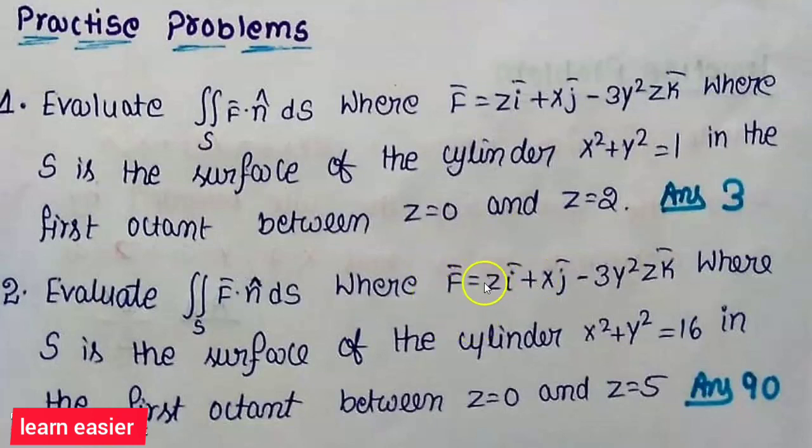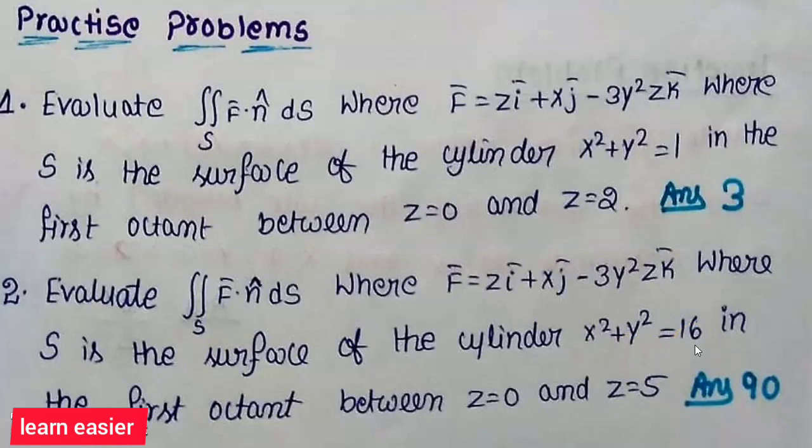And the next problem is the f bar here, and you can see the surface is x square plus y square equal to 16, and the remaining surfaces are z equal to 0 and z equal to 5. Follow the same 5 steps and the projection of surfaces on the xz plane.